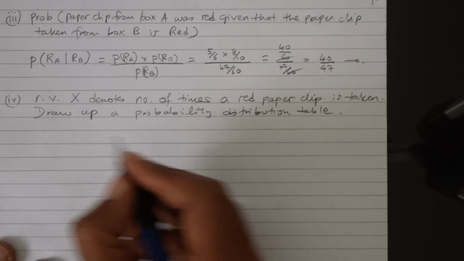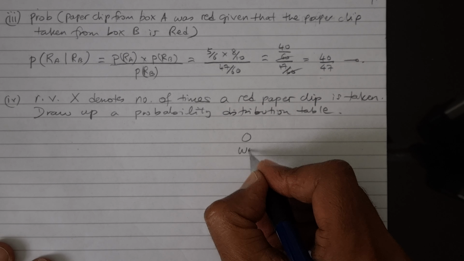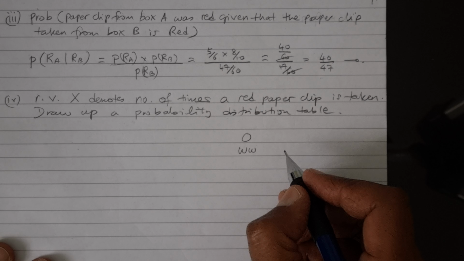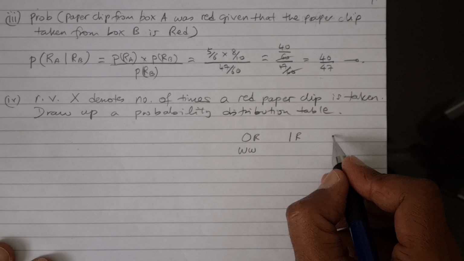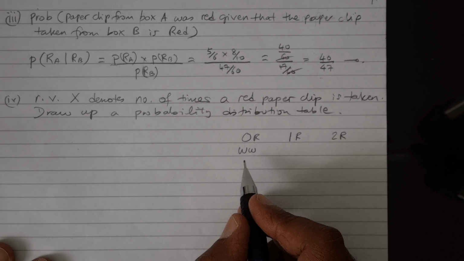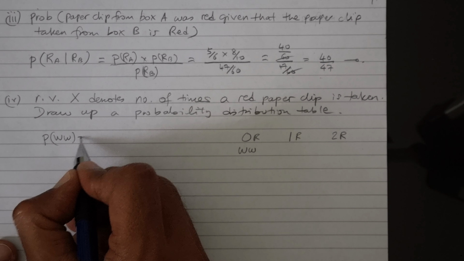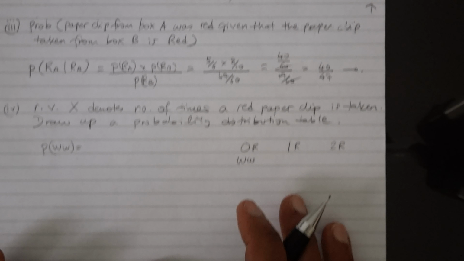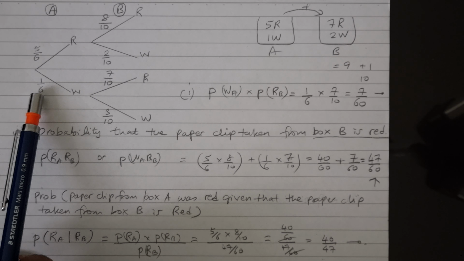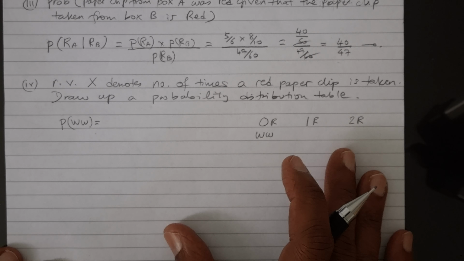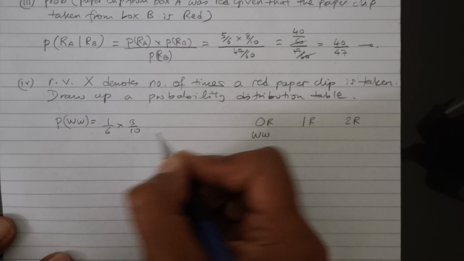We may have 0 red paper clips, which means 2 white paper clips, we may also have 1 red paper clip, and we may also have 2 red paper clips. For both white paper clips, from the probability tree diagram, we get white's going to be 1/6 times 3/10.